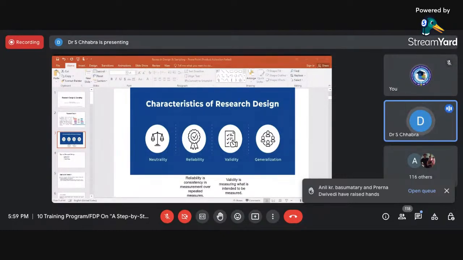Please understand that from reliability and validity, generalization becomes easy. So your studies must be able to generalize, and please remember these four characteristics, because when we discuss it further, I will tell you how different ideas may not be generalized at times.